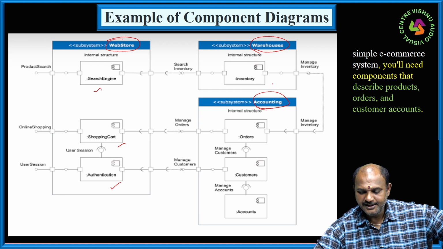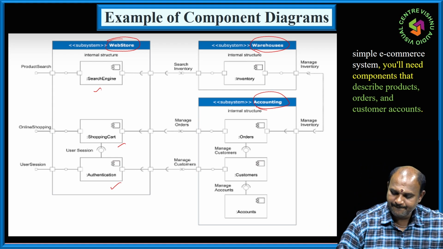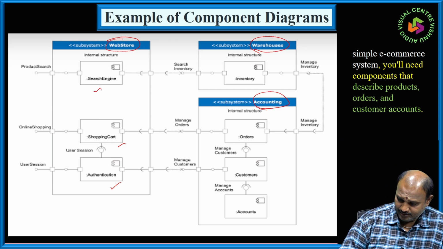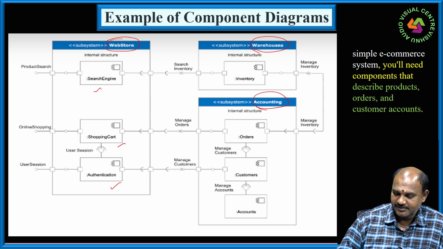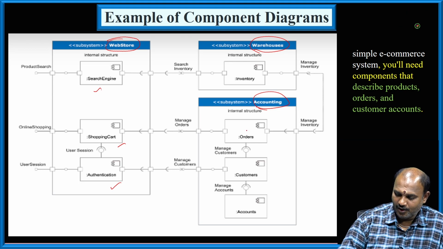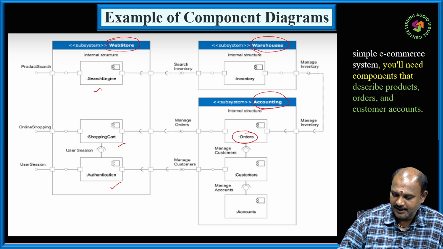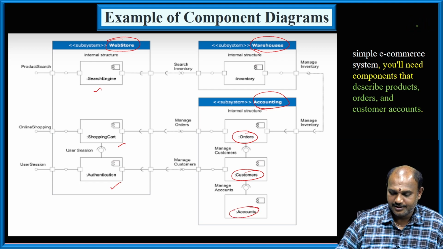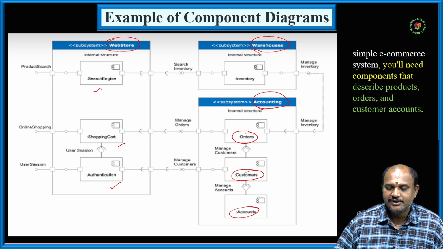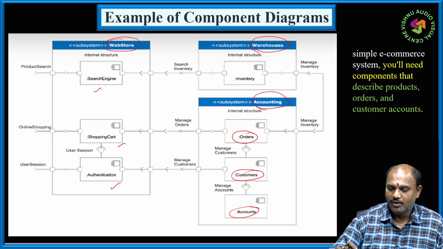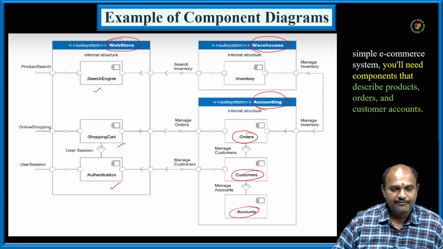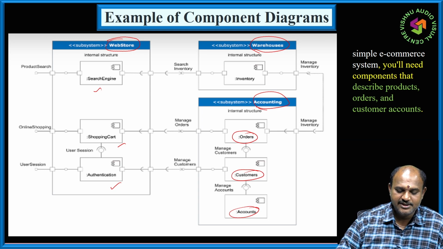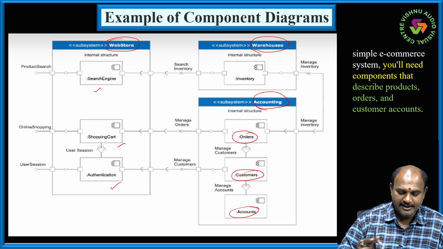Accounting has three components: ordering, customer, and account. So one component is in the warehouse, and the web store has three: search engine, shopping cart, and authentication.